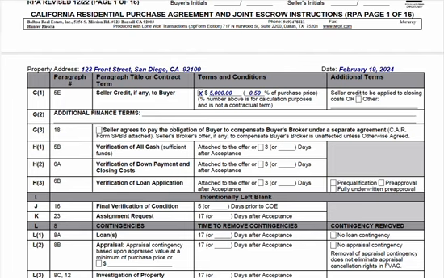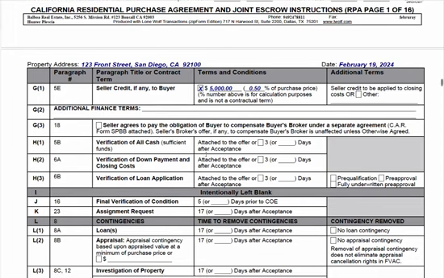Now, how often does a seller agree to pay the buyer's broker? Not very often. So at first I was going to fill this thing out, but this form is just such an abstract and irregular form that it's very, very rarely, if ever, going to be used on transactions. So if you have a scenario where the seller is paying a buyer's agent, then you can write it in other terms.